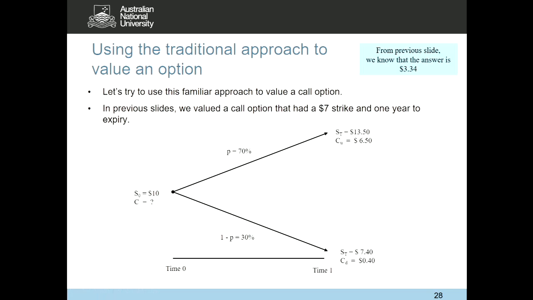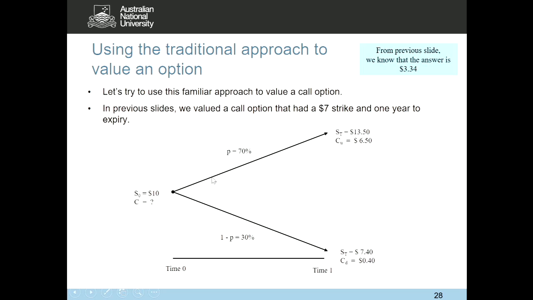And effectively, we can do the same thing to our call option, all right? So here is the timeline. We have 1 year, and we know the ending value, right? So if the share price goes up, it ends up at $13.50. If the share price goes down, it will end up at $7.40. And we know the probability of going up is 70%.